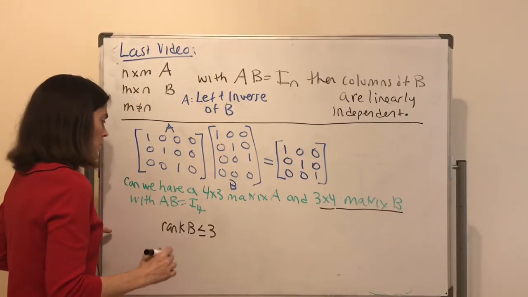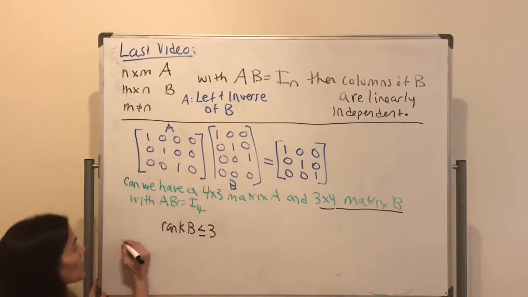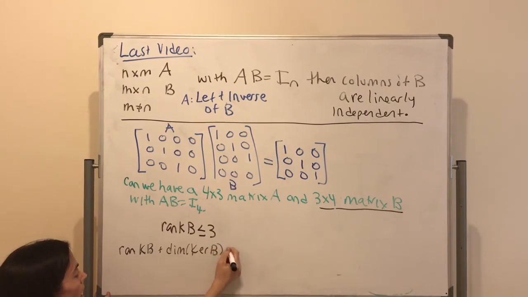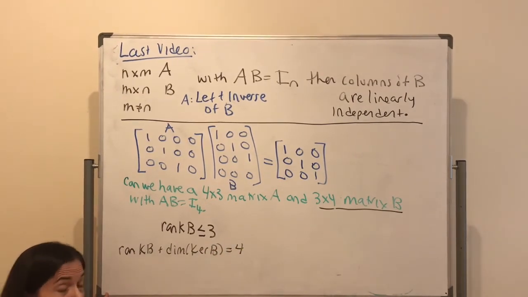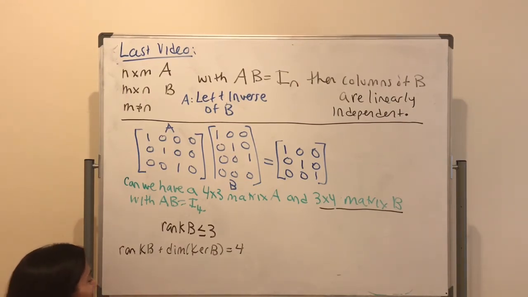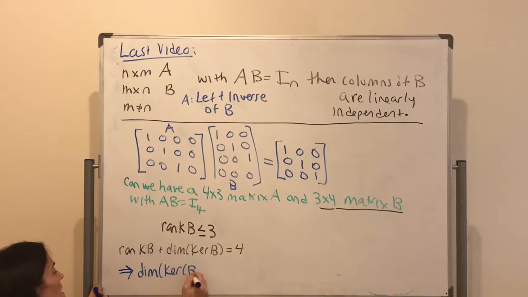And then we also have, maybe I'll write it below, the rank of B plus the dimension of the kernel of B has to be 4 because that's the number of columns in B. If this is less than or equal to 3 and this is 4, we can therefore conclude that the dimension of the kernel of B is bigger than or equal to 1.